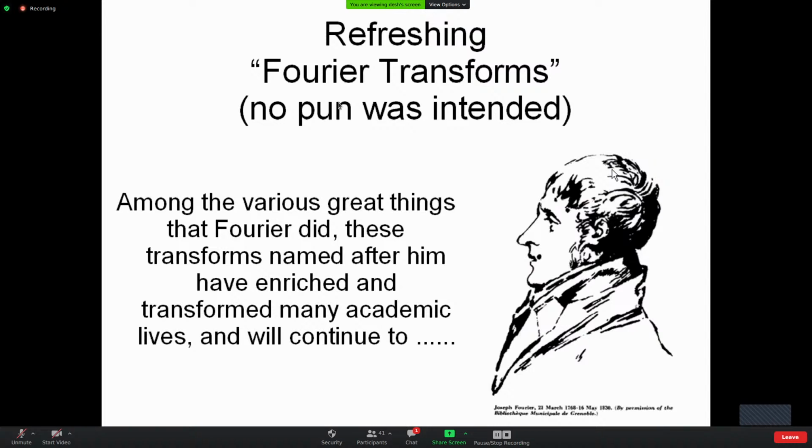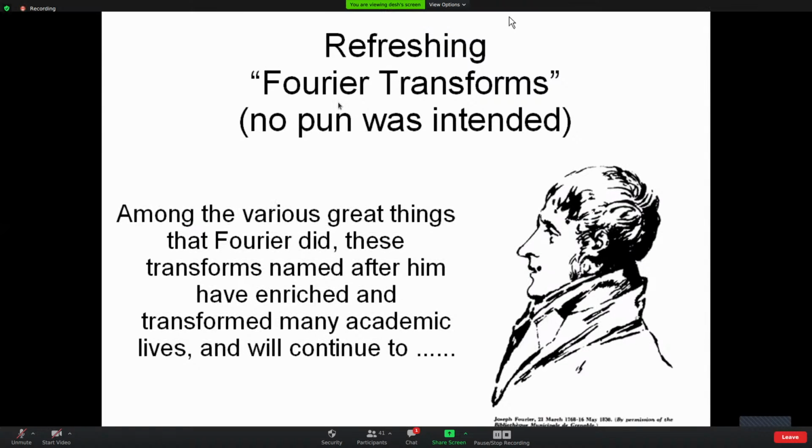So how many of you are already familiar with Fourier analysis? Can I have a raise of hands? Okay, 1, 2. Okay, pretty large number. That's good to know. All right.